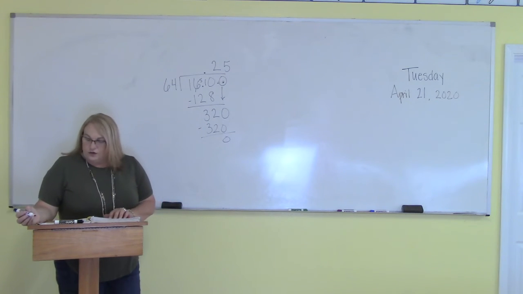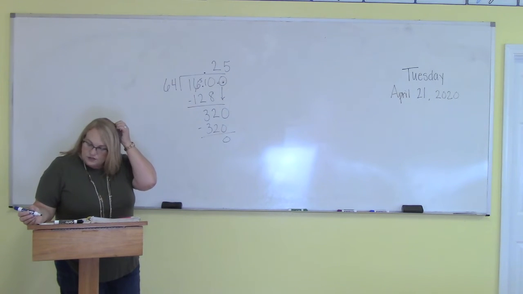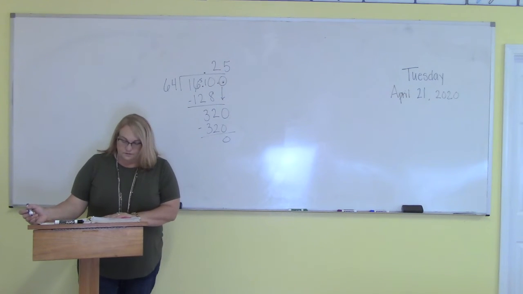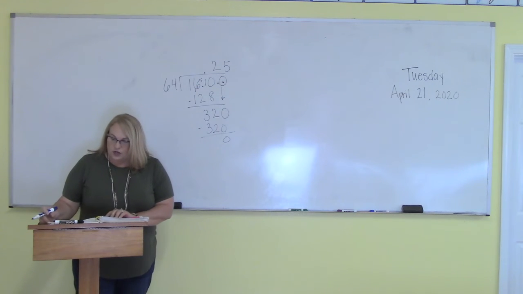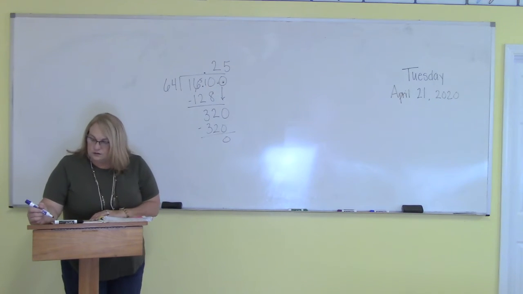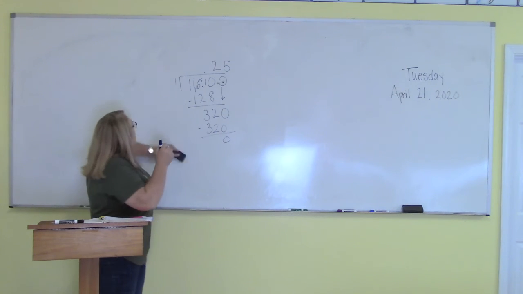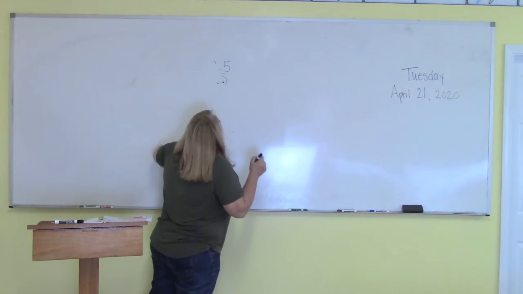Okay, on the review, let's look at number 4. You can work all of those. Number 5 and 6, you know how to do those. Number 7, write the formulas up here for you.